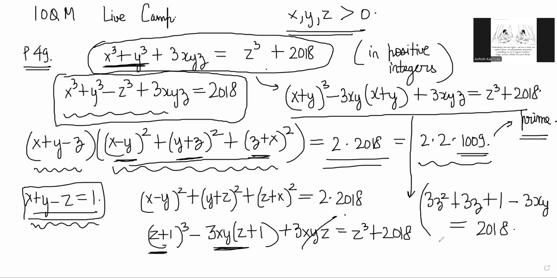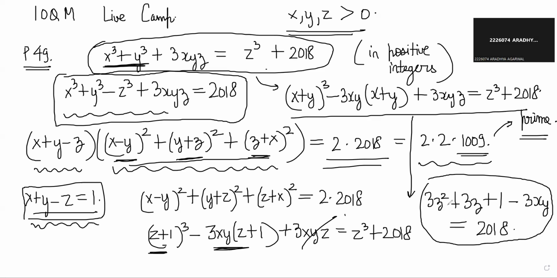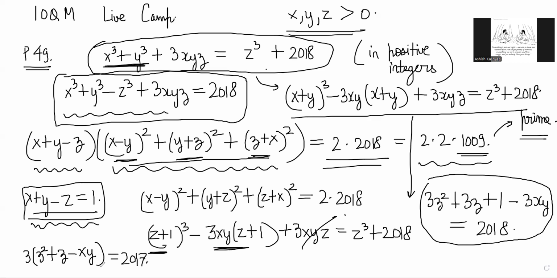Is it clear that this is coming? Are you understanding what is happening here? Yes, sir. So what are we getting? 3 times (z square plus z minus xy) is equal to 2017, right? And z, x and y are all integers, so this is an integer.